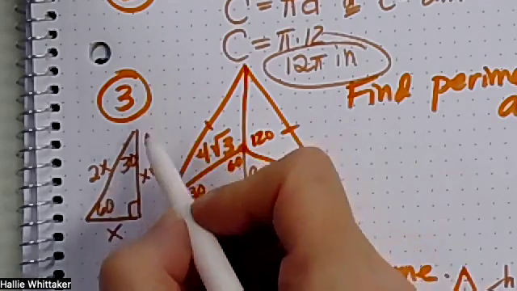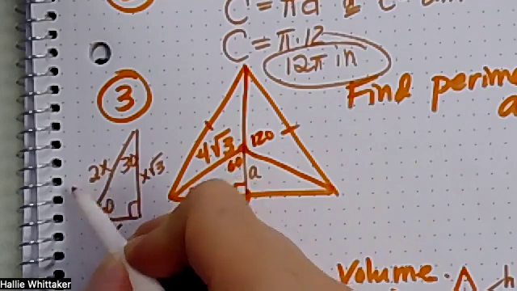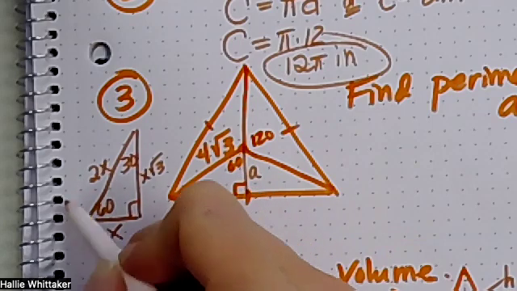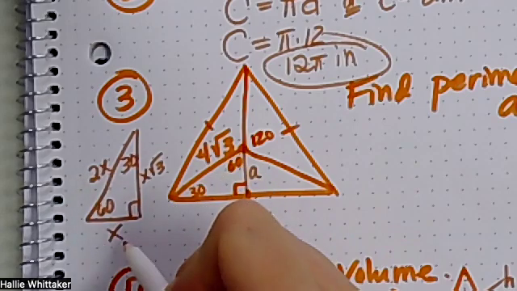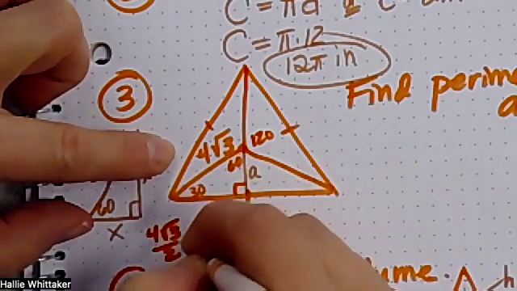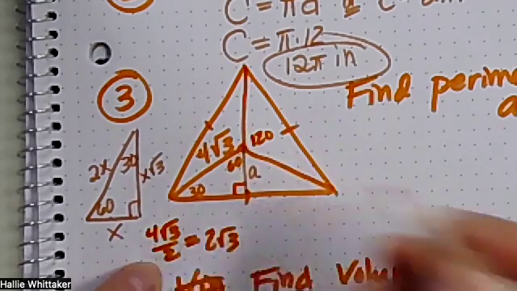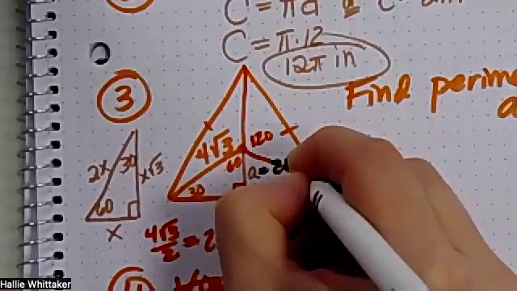If we had to go from x and multiply by 2 to get to the hypotenuse, we divide by 2 to go back. So 4 square root of 3 divided by 2 gives us 2 square root of 3. So the apothem is 2 square root of 3.